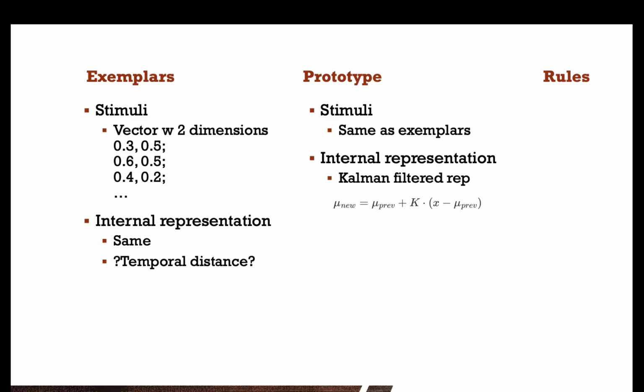What we have here is exactly the same formula, but instead of 1 divided by n, we put a k. And the k is the so-called Kalman filter, or Kalman gain, actually, which is supposed to take two components into account. One is how confident we are in our prototype. And the second is how noisy do we think that the measurements are? How precise, in other words, do we think that seeing this Chihuahua is actually a good measure of dogs?